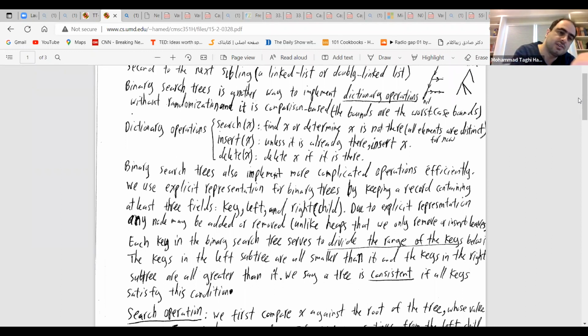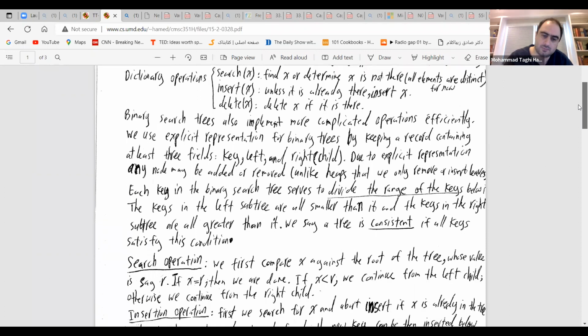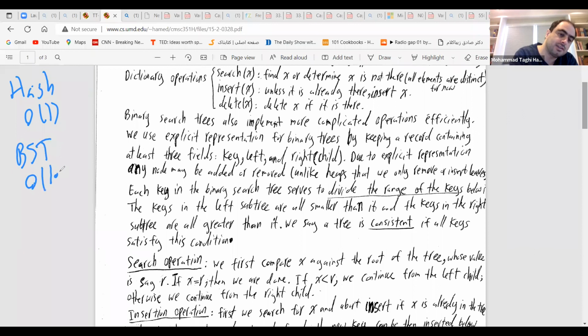For hash, lots of operations are order one, but this is randomized, and the expected time is order one. But for binary search trees, the tree itself can be order n, but there is a slight variation called AVL tree, which is log n.